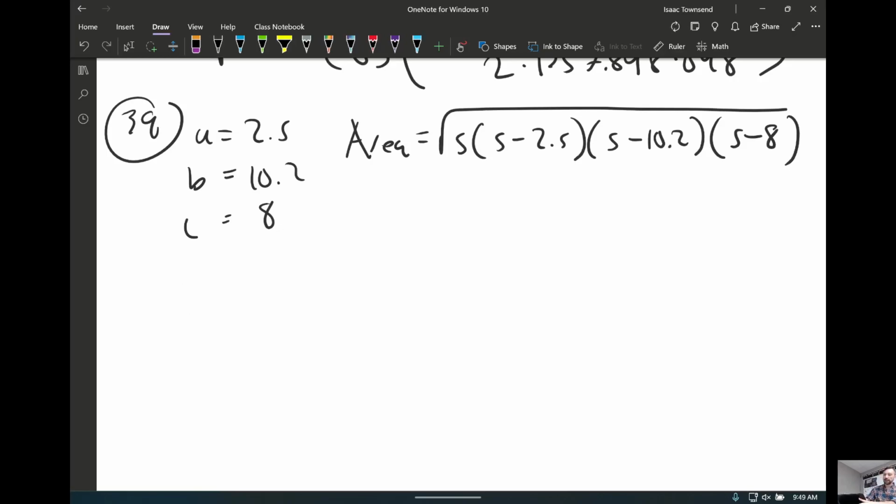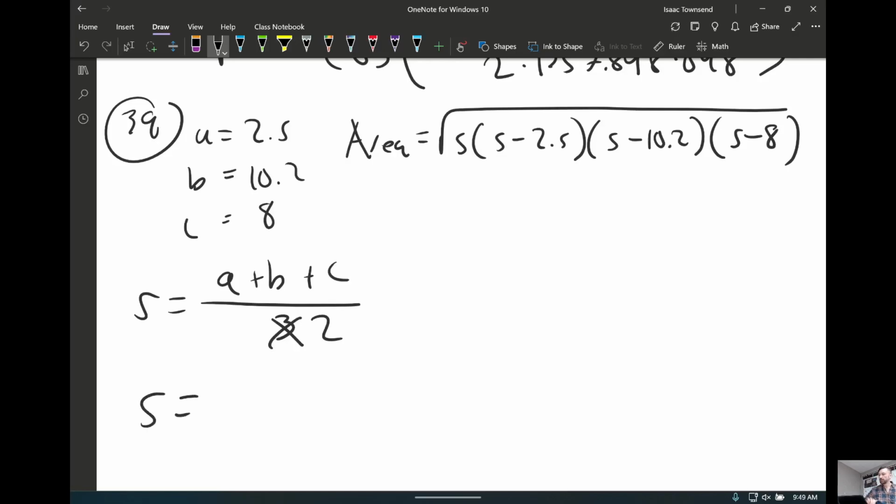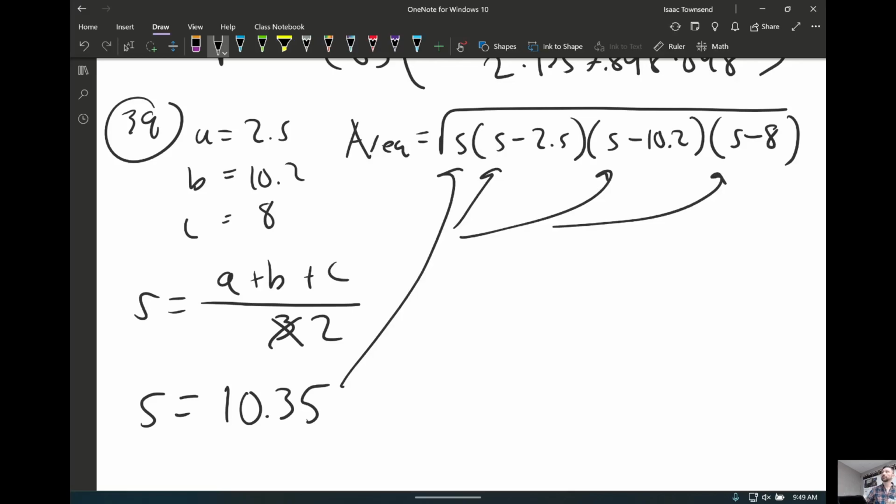And then the last thing you need to plug in is S. This is also the true or false question. S is not the average of the side lengths. You don't add them up and divide by 3. It's the semi-perimeter. So you divide by 2. So 2.5 plus 10.2 plus 8 divided in half gives me this for S. S gets plugged in 4 times.